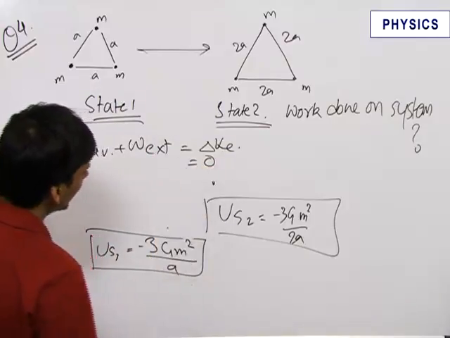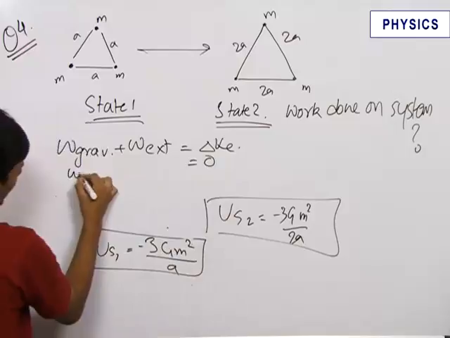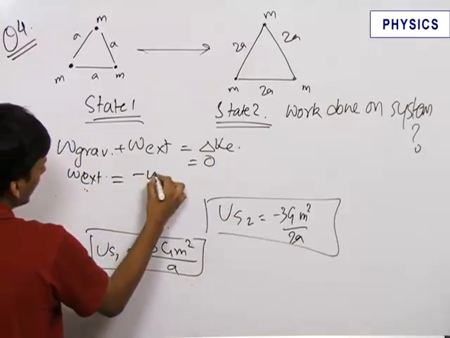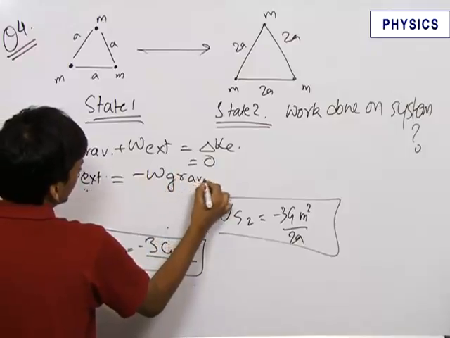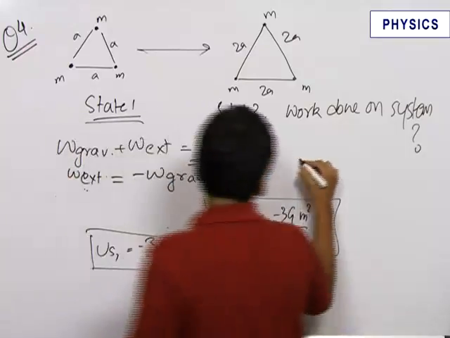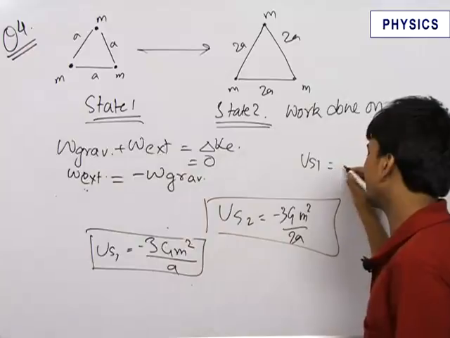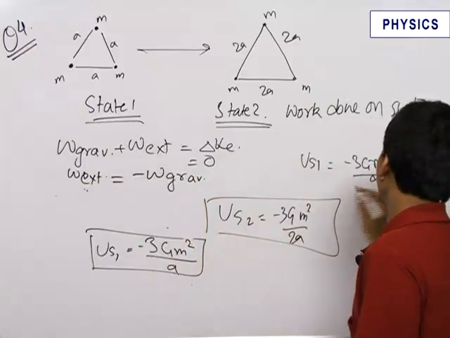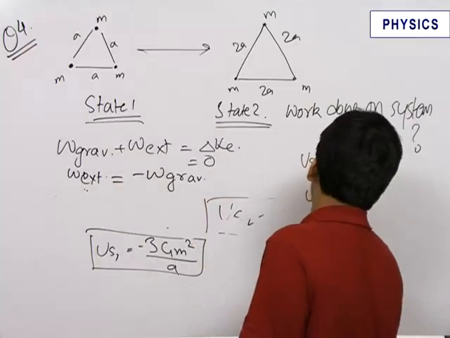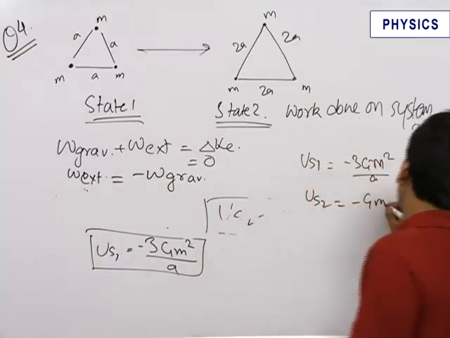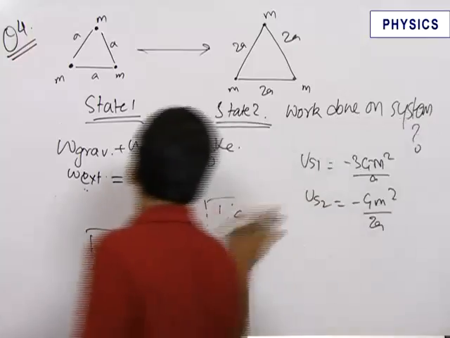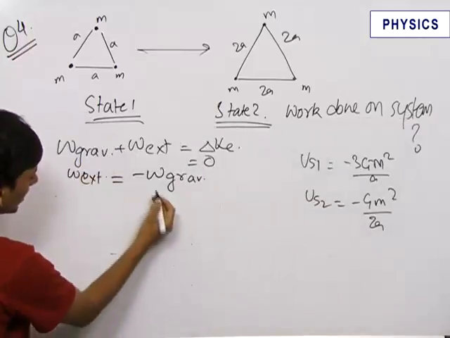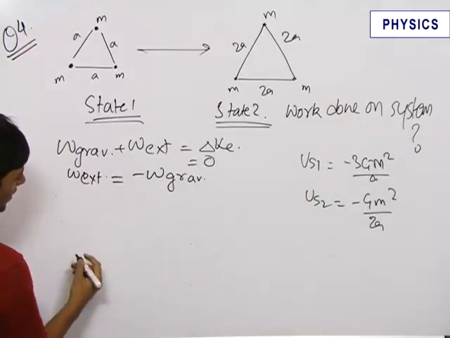Therefore the work done by external forces, which we need to find out, is equal to negative of work done by gravitational forces. Work done by external is equal to negative of work done by gravitational forces.